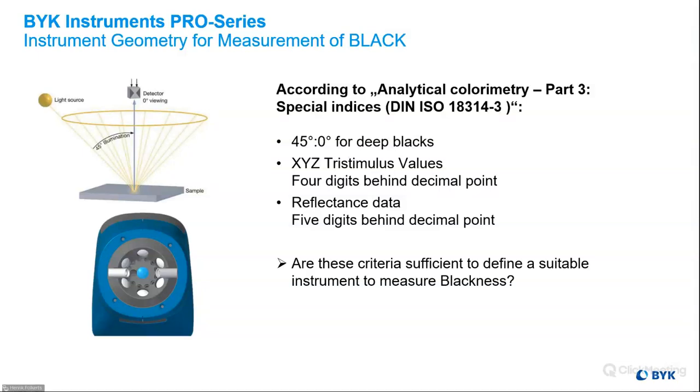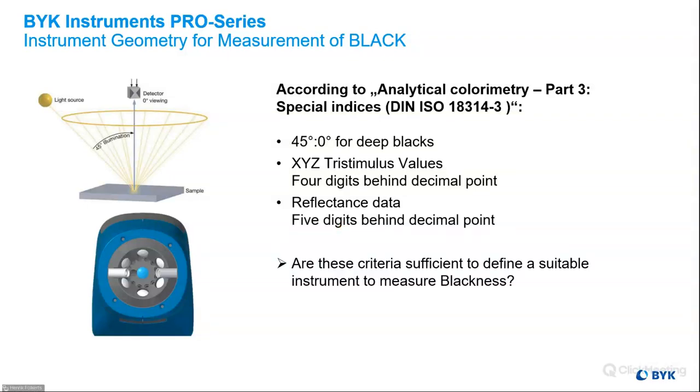And in addition, the following criteria are also mentioned. You see the instrument should be able to show 4 digits behind the decimal point for the X, Y, Z values. And the instrument should be able to show 5 digits behind the decimal point for the reflectance data.